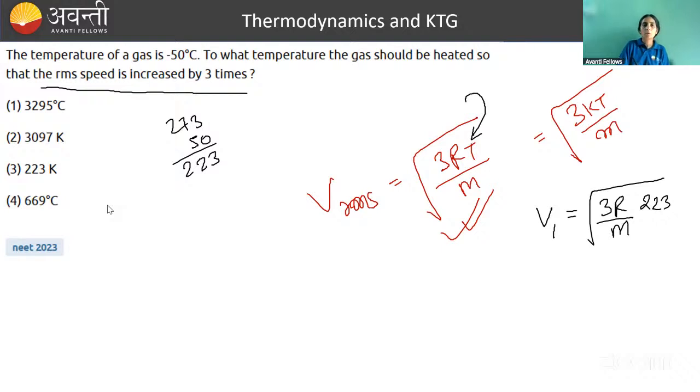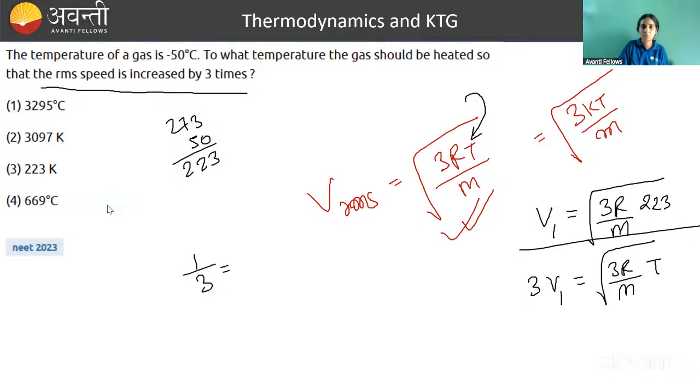Now RMS speed is getting increased by 3 times. So now you will write 3V1 is equal to root of 3R by M, which is constant for a particular gas sample, into T, where temperature is T. So divide it. What are you going to get? 1 by 3 is equal to root under 223 by T, sorry, not M, but T. If you square on both sides, T will be equal to 9 into 223.